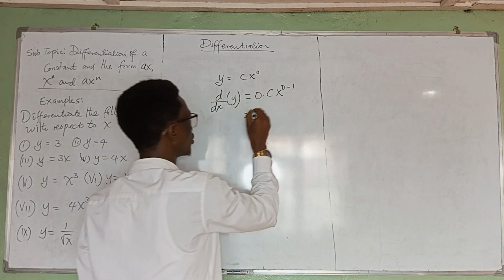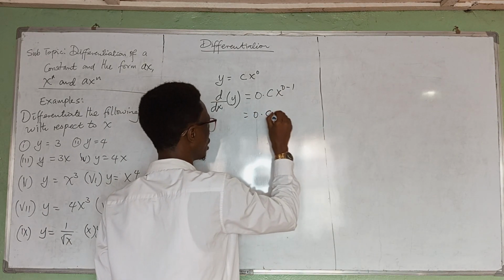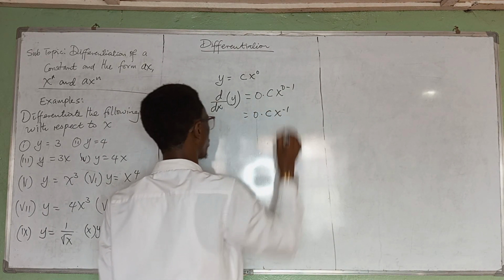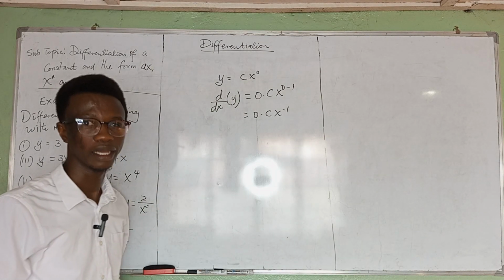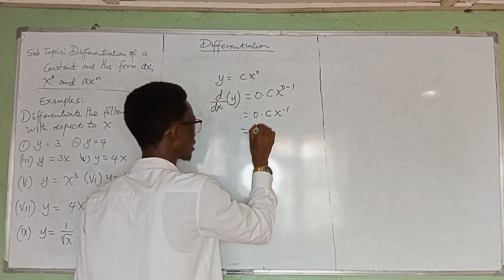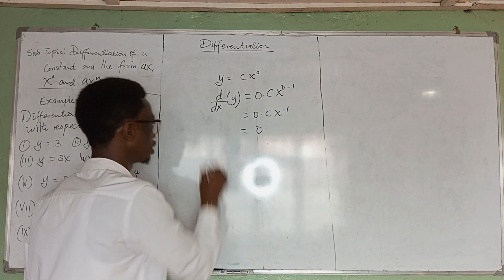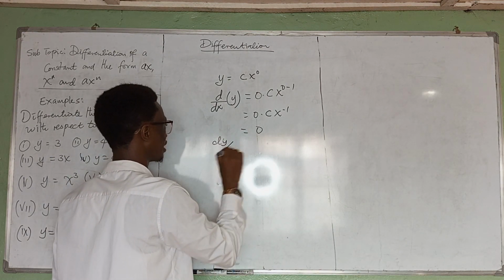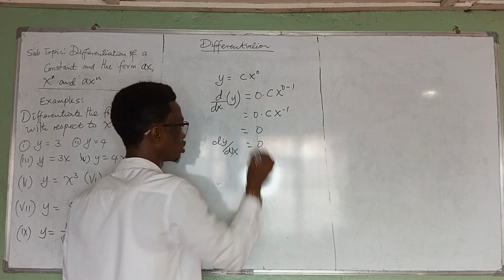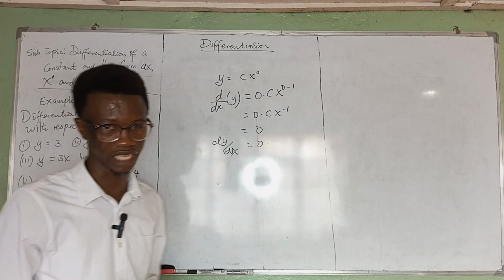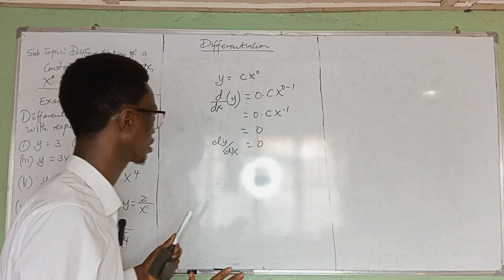So now this becomes 0 multiplied by c, x raised to the power minus 1. But we know that any number multiplied by 0 is 0. So hence our answer becomes 0. So dy by dx, differentiating y with respect to x, becomes 0 for any constant. That's the basic thing.